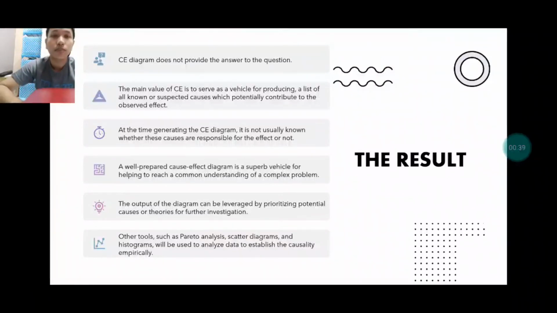Okay, so next is a well-prepared cause-effect diagram. It's a superb vehicle to help the team members reach a common understanding of that particular complex problem. And the output of this diagram can be leveraged by prioritizing the potential causes or theories for further investigation by using other tools such as Pareto analysis, scatter diagrams, and histograms.